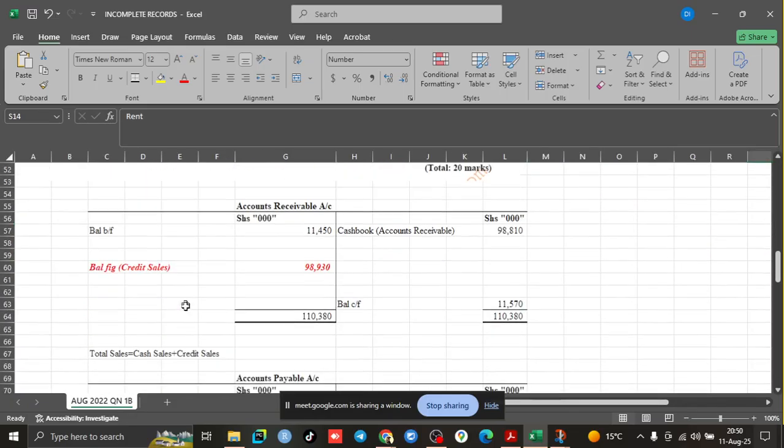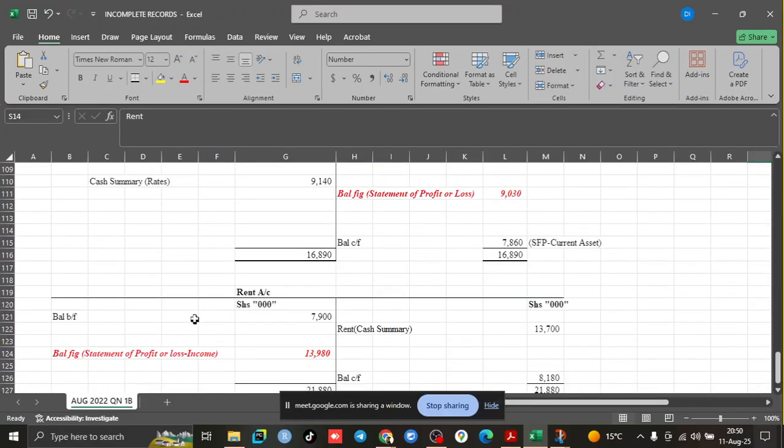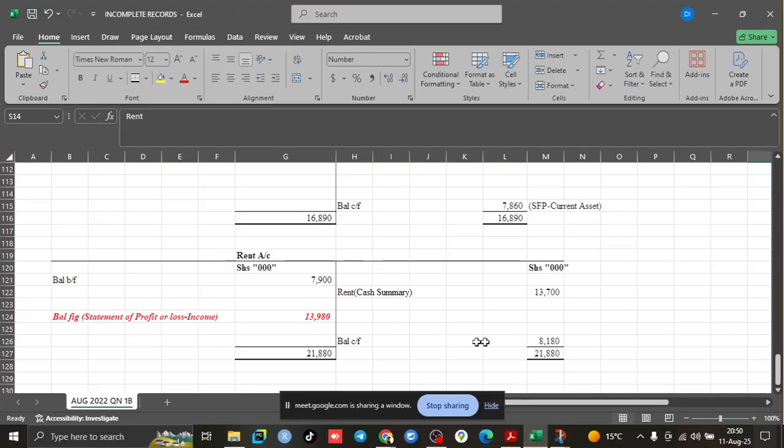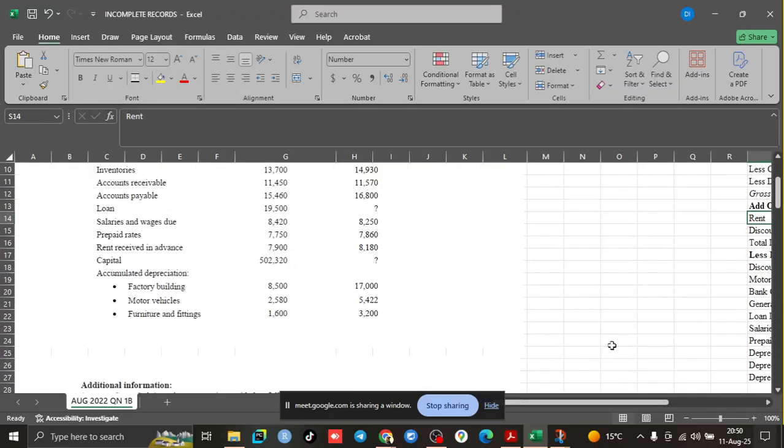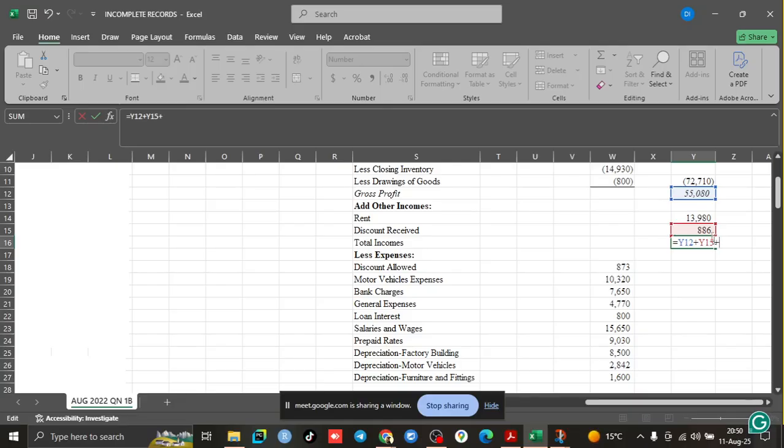Yes, 13980. Hiyo ndio rent. So add that gross profit plus these other incomes, upate 69946, less expenses zote.